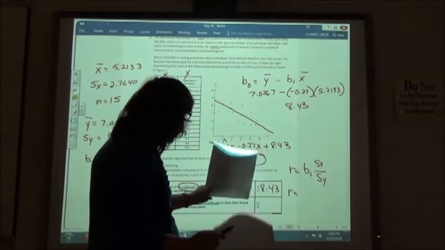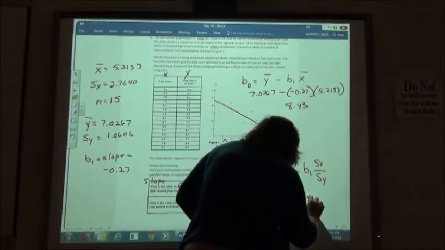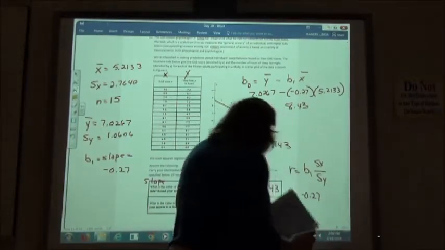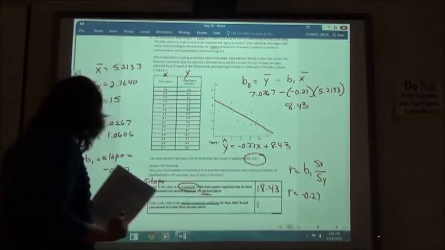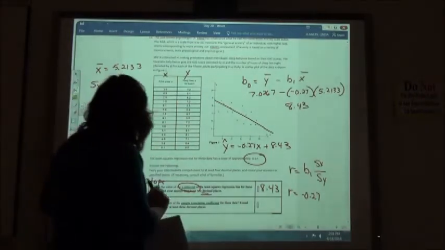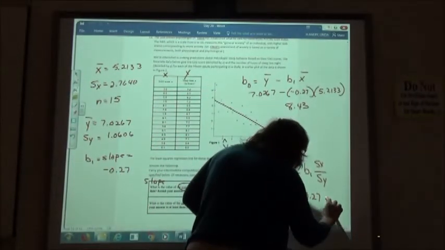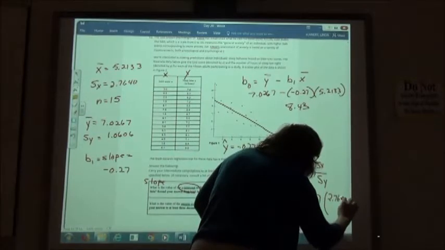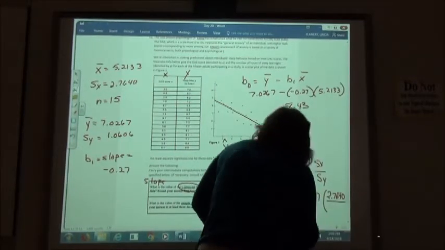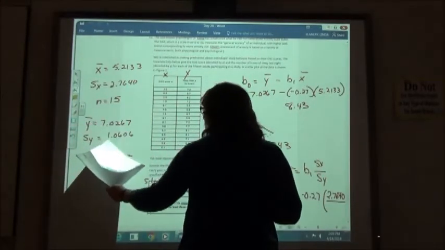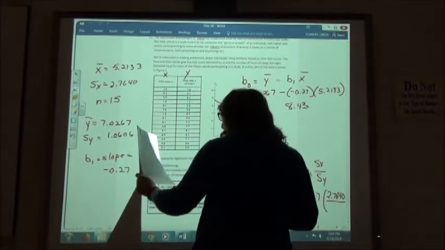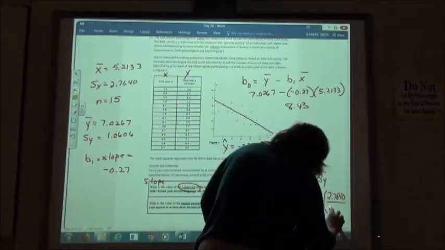B1 is my slope that they gave me, negative 0.27. This one formula has the standard deviation of X on the top, 2.7640. And it has standard deviation of Y on the bottom, 1.0606.